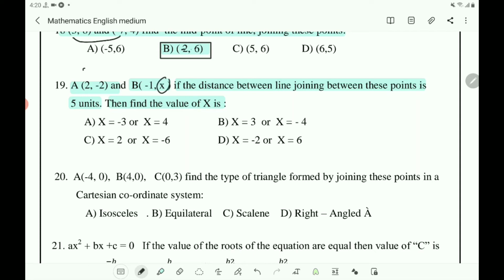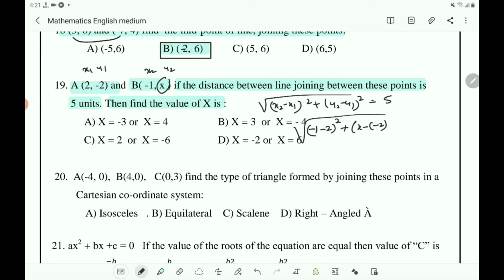So you consider these as x1, y1, x2, y2. Then the square root of (x2 minus x1) whole square plus (y2 minus y1) whole square is equal to 5. x2 is minus 1, x1 is 2. So (minus 1 minus 2) whole square plus (x minus minus 2) whole square, under the root, equals 5. That becomes minus 3 whole square.